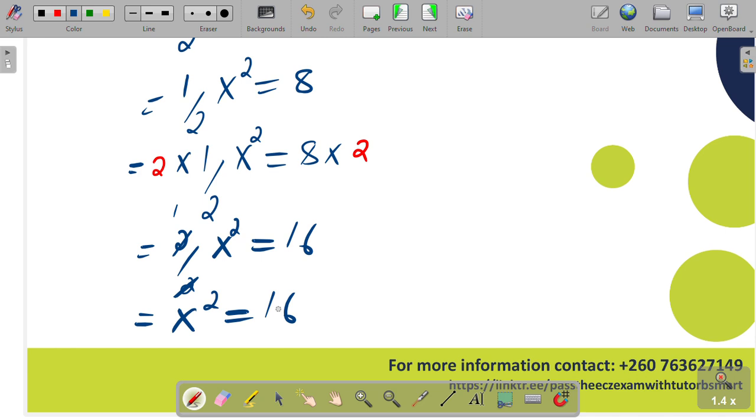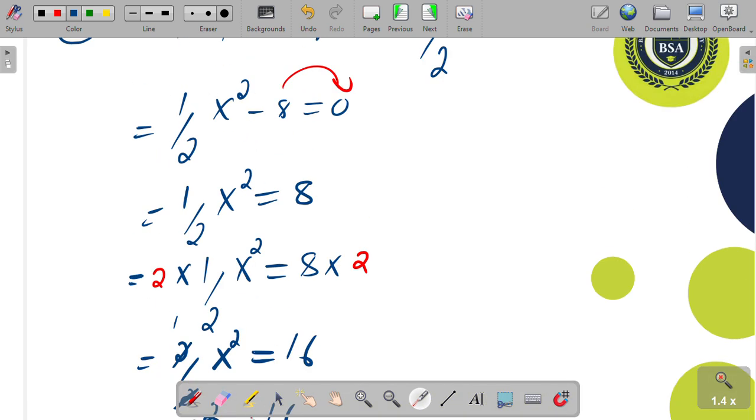This is not yet done. Now, when we reach this stage, we take the square root of both sides. And remember that when you take the square root of a number in an equation, there's both a positive and a negative result. So I'll continue from this side. x is equal to positive or negative square root of 16.